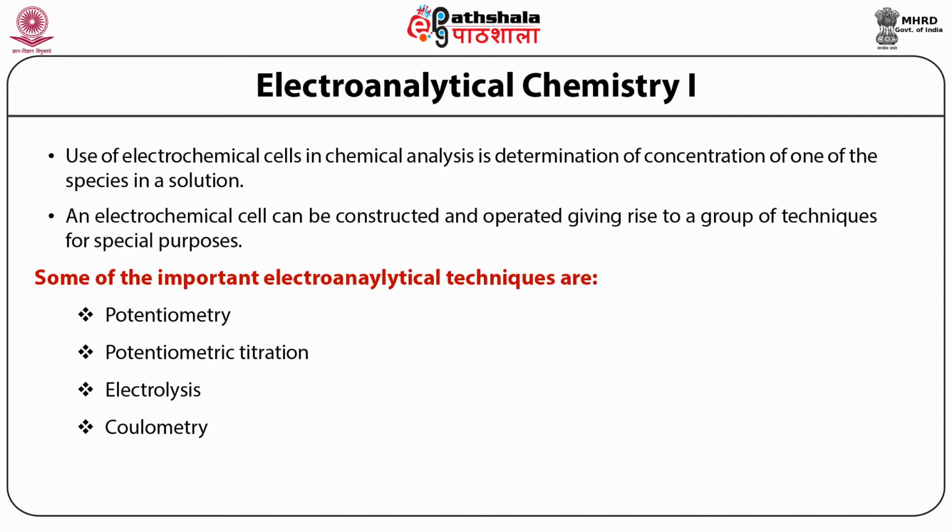Coulometry is an electroanalysis. In other words, coulometry is an electrolysis which is performed at constant current or with one of the electrodes at a fixed potential and the number of coulombs measured.